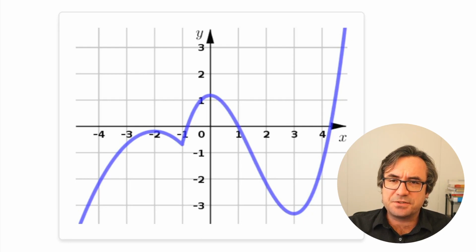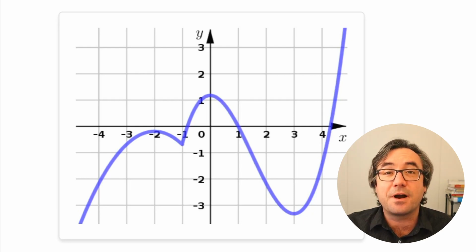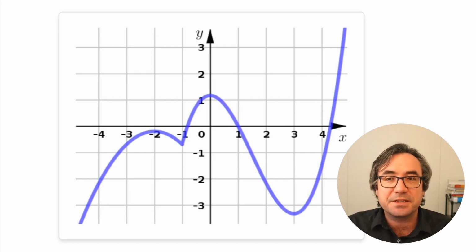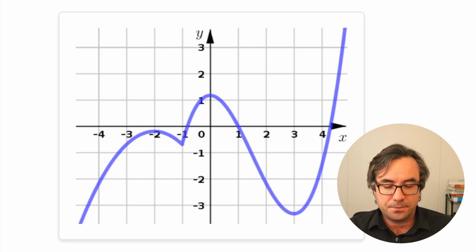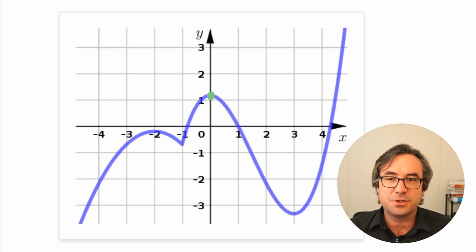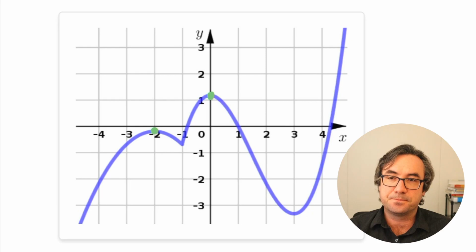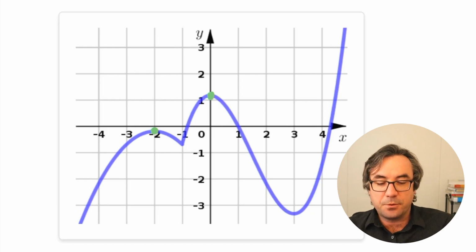All right, so let's start with our maxes. These are the high points on our graph. You want to think of these as the mountain peaks. Well, there's one here, so we have a local max at that point. And then we also have a local max right here. So these are both local maxes.